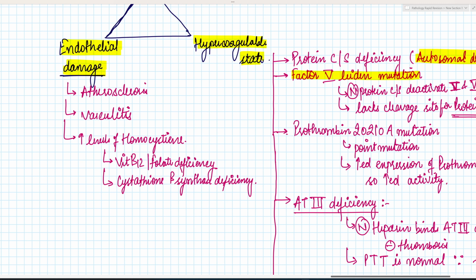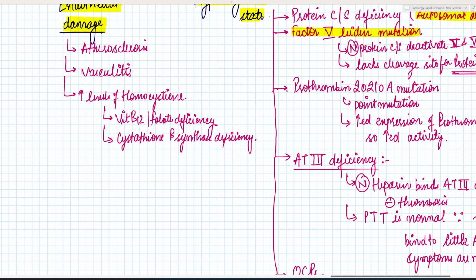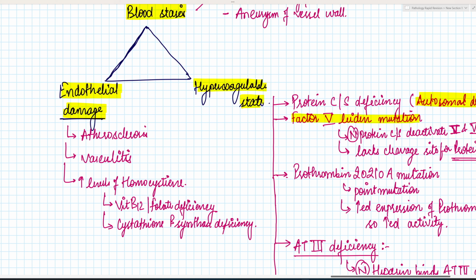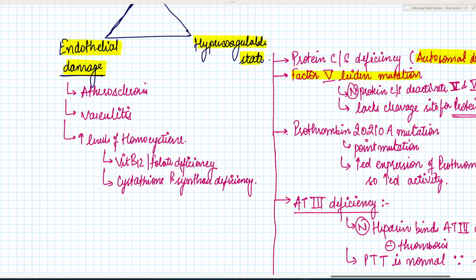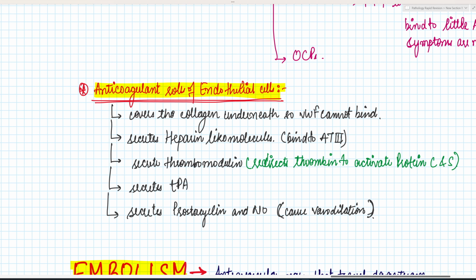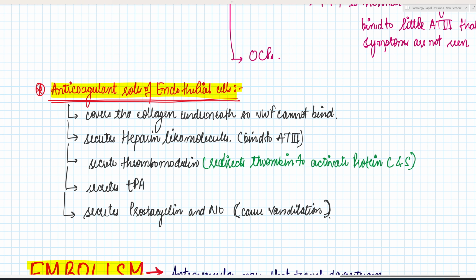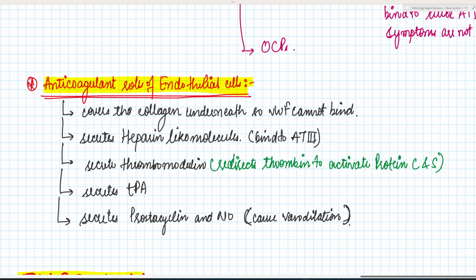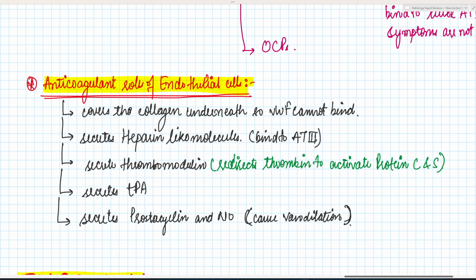But before the pathologies, let's see what role endothelial cells play in preventing the formation of thrombus in a physiological state. So these are the anticoagulant roles of endothelial cells. First, the endothelial cell covers the collagen underneath so that von Willebrand factor cannot bind.